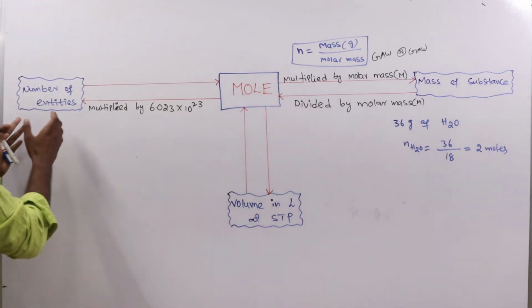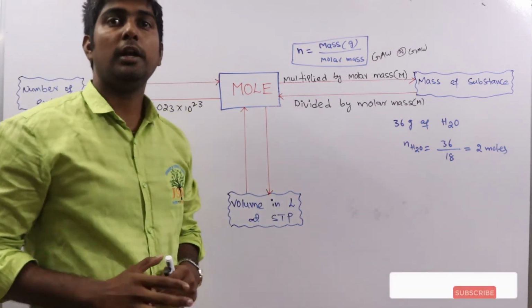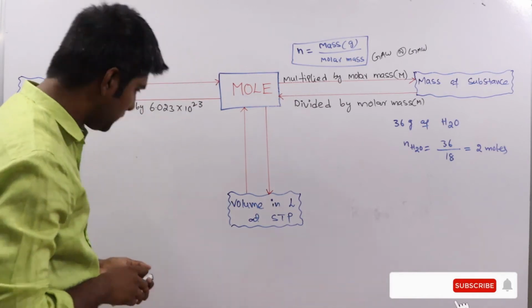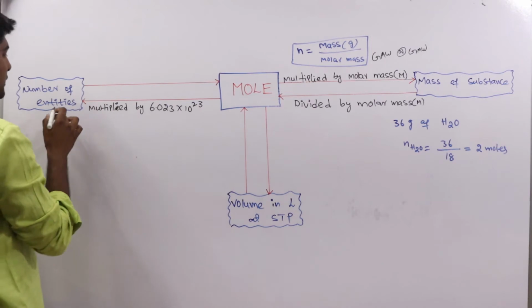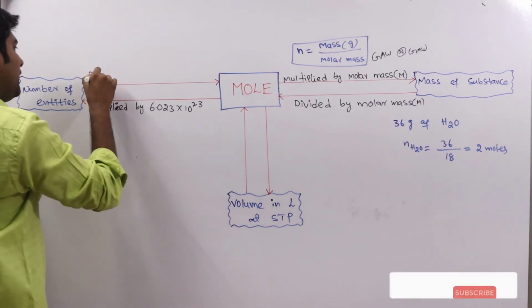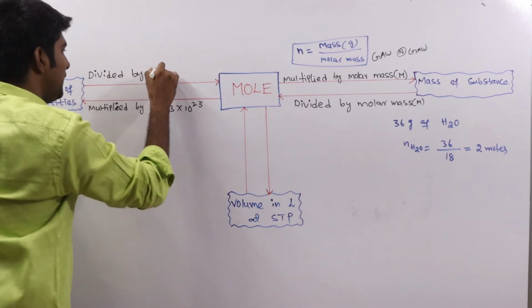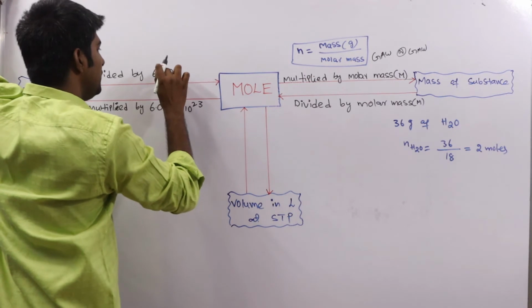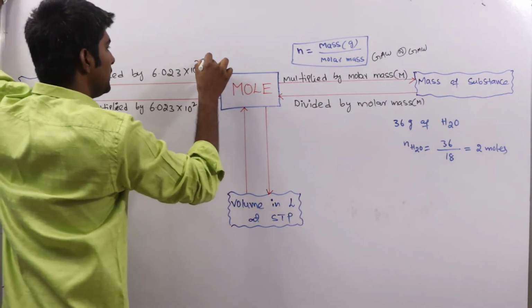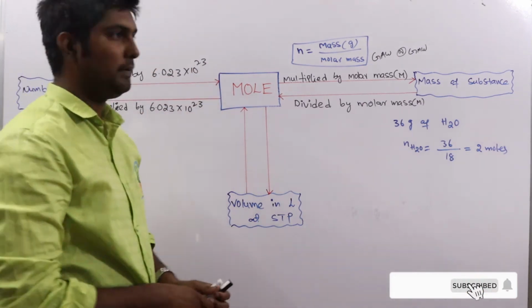Suppose they have given some number of entities and ask you to calculate how many moles that is equal to. Then the number of entities is divided by Avogadro number, that is 6.023 into 10 power 23, and we get the number of moles.